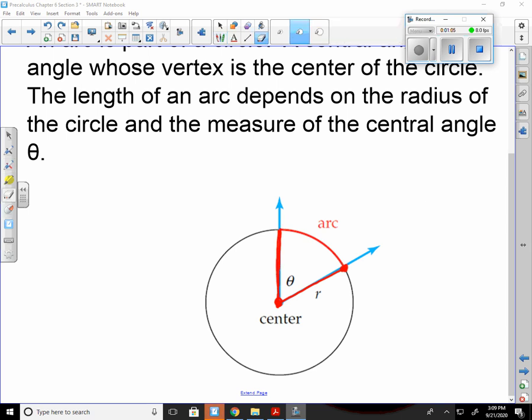It never changes for a different point in the circle. Anyhow, then my arc is this length in here, which is determined by how wide this angle is along with the radius.